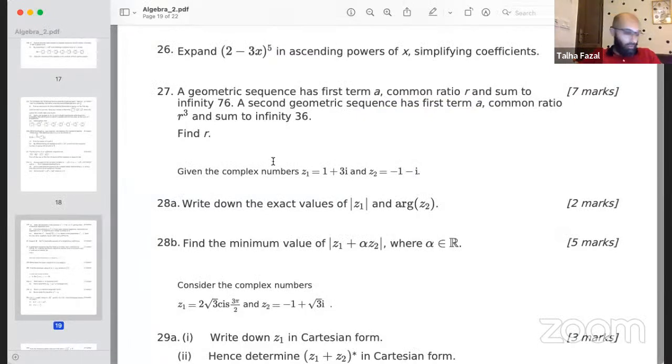Let's see how many of you can solve this one, just to see how good your preparation really is. All right, I expect you to try and solve question number 27. It's fairly challenging. Let's see if you can figure this out.